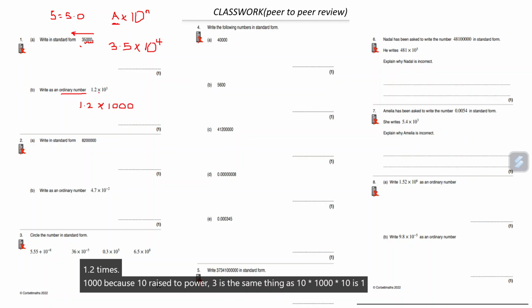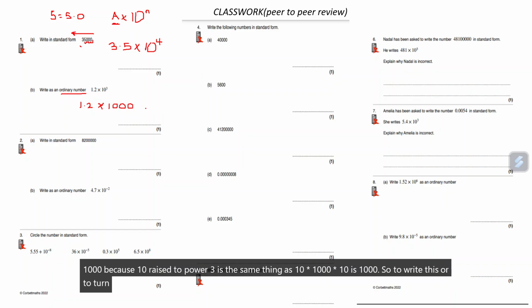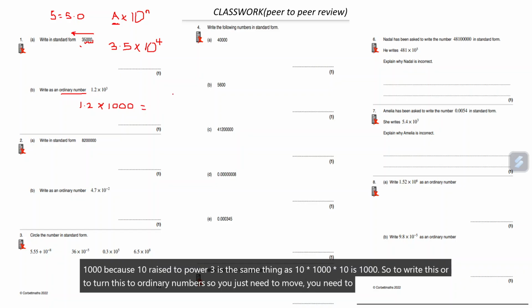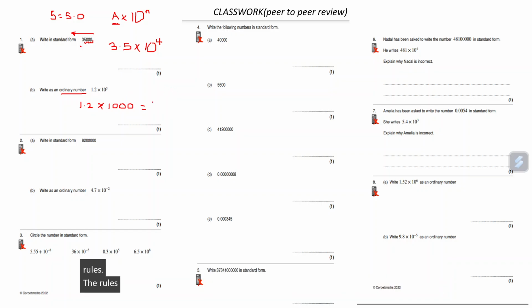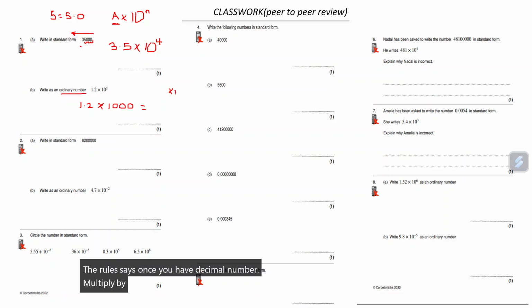To turn this to an ordinary number, you just need to move the decimal point. Remember the rules. The rule says once you have a decimal number, multiply by either 10, or 100, or 1000.